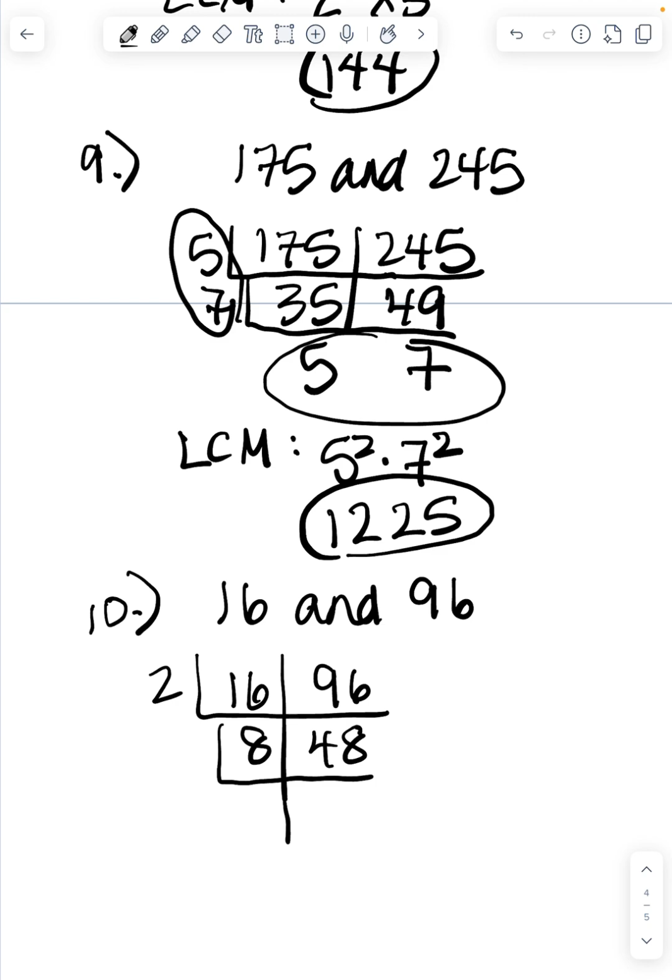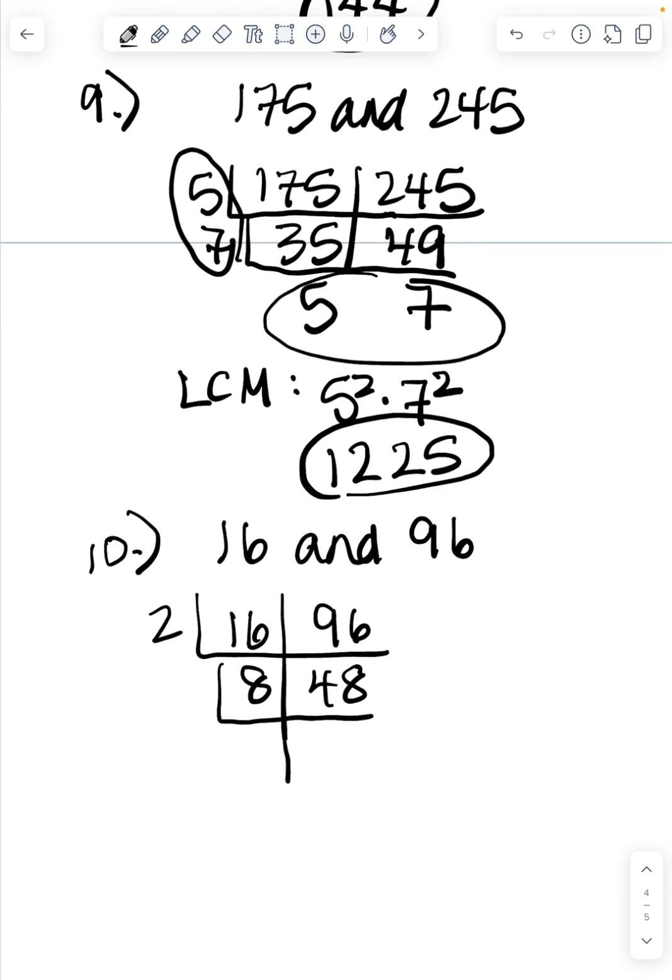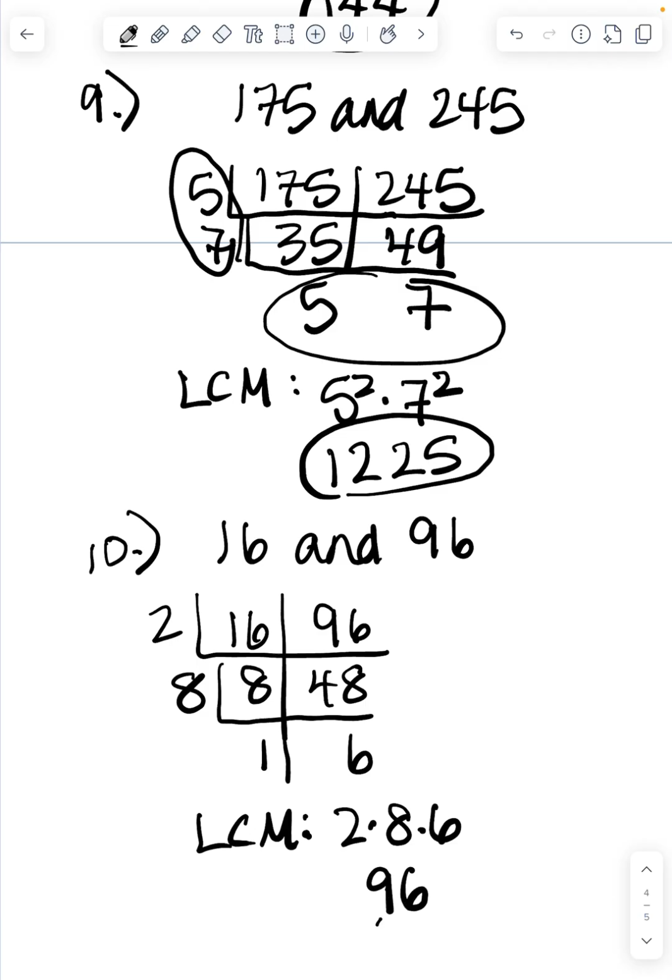When you are doing the LCMs, if you see something that's higher than a prime number that comes out of both of them, you can just pull it out because you're going to end up multiplying all of them anyway. So I see an 8, which is going to leave me with a 1 and a 6. So this time I'm going to have 2 times 8 times 6, which is going to get me 96.